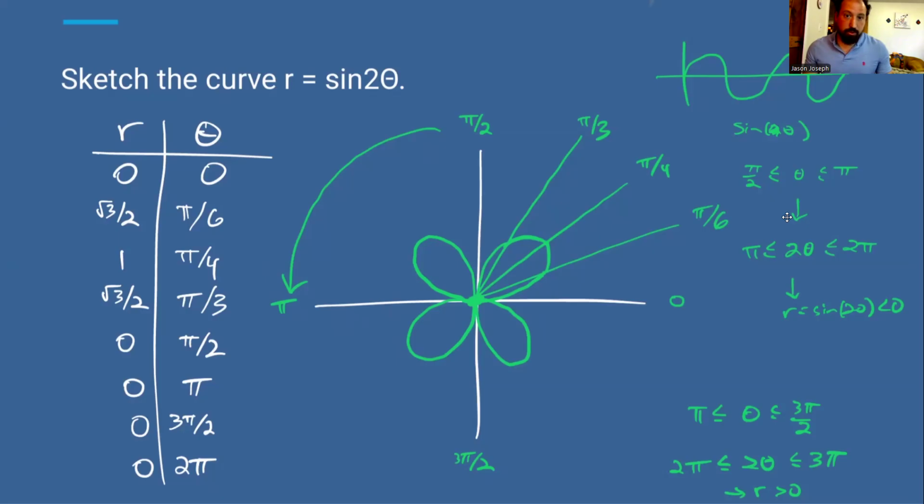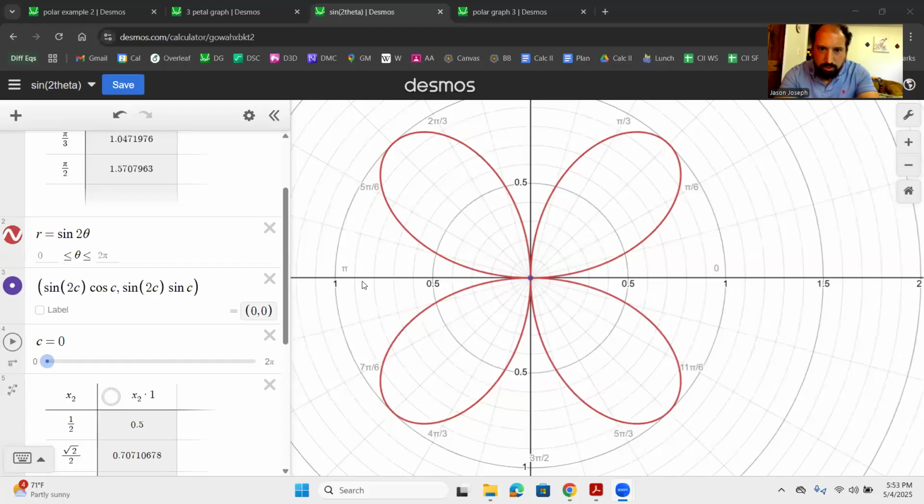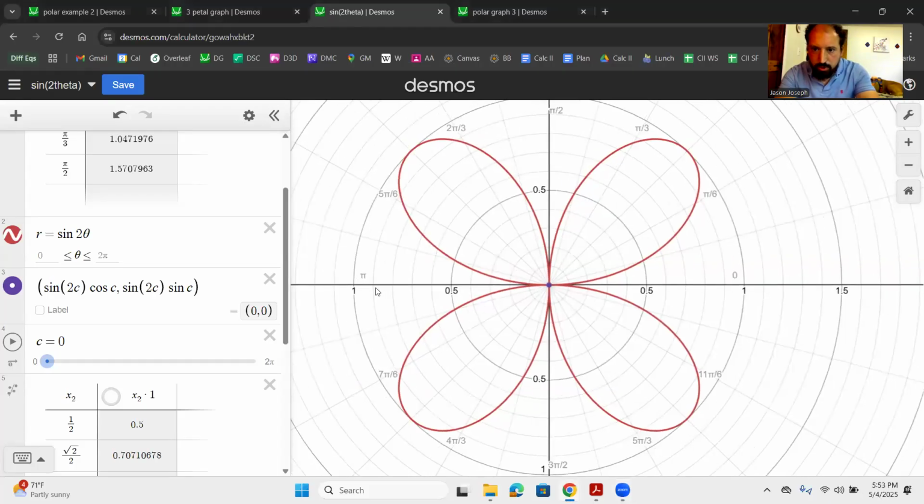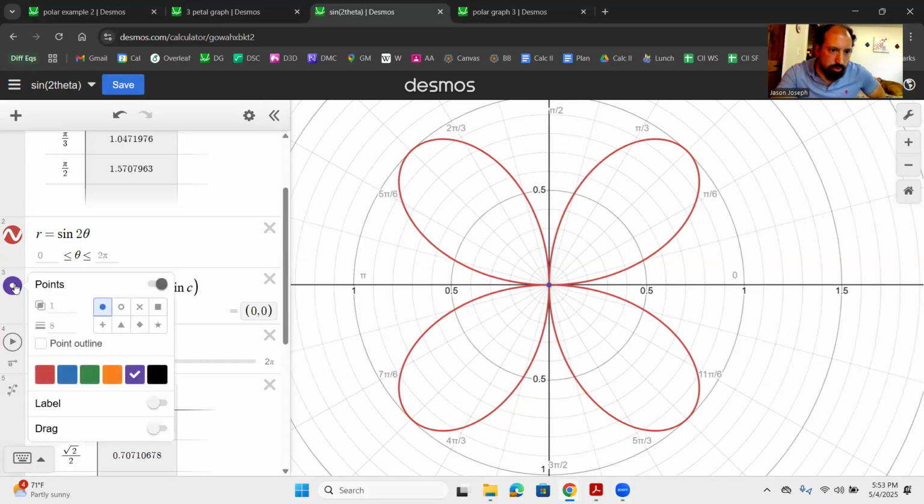If you change that 2 into another number, you'll get a lot of other interesting looking graphs. In fact, why don't we look at Desmos for a second? So this is a graph of sine of 2 theta. And if you're a little bit clever with Desmos, you can get a point to travel around.